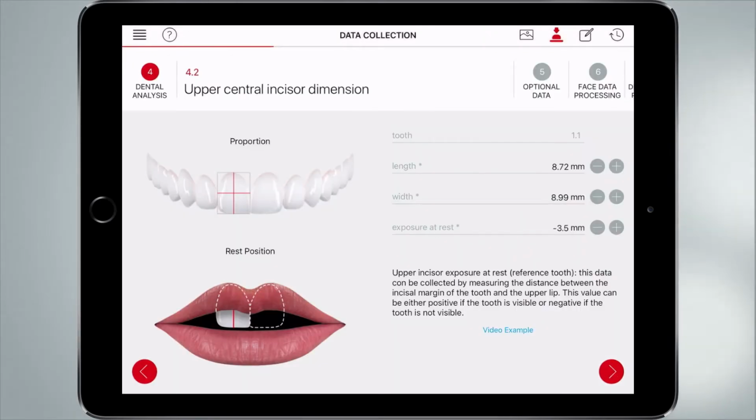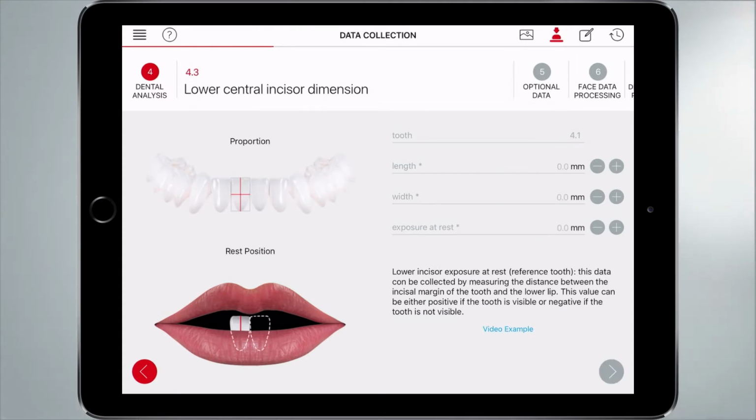So going back, now we have already all the numbers that we needed. We go from 4.2 to step 4.3. Now we have to check the dimension of the lower central incisors. At the same time, we have the same situation.